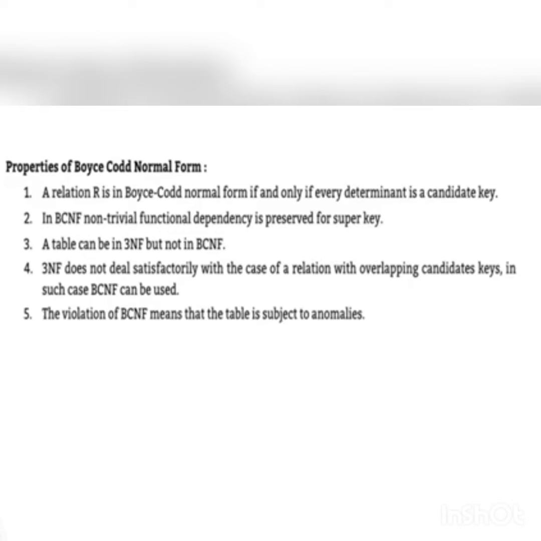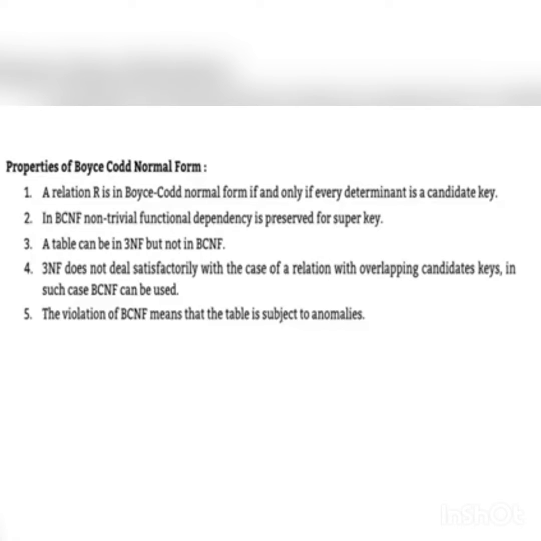Then, a table can be in third normal form but not in BCNF. Next property is that third normal form does not deal satisfactorily with the case of a relation with overlapping candidate keys. In such a case, BCNF can be used.